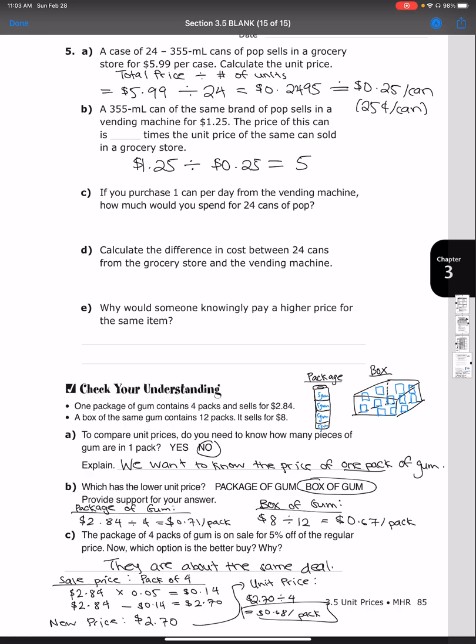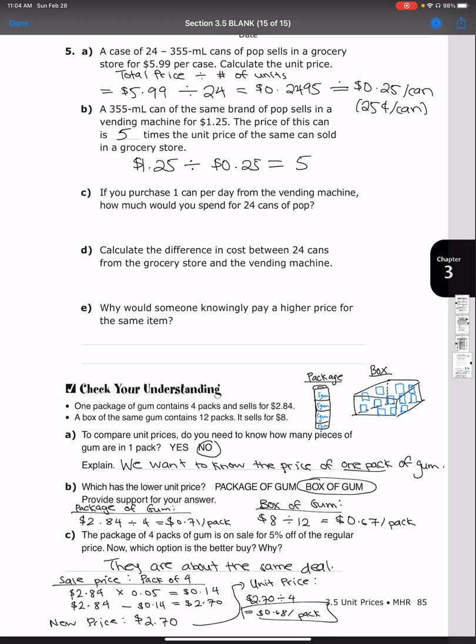So the price of this can is 5 times the unit price of the same can that we bought in the grocery store. So obviously it's a little bit cheaper for you to buy a pack of 24 cans than it is for you to go to a vending machine and purchase a can of Coca-Cola. But as with all of these questions, there might be a reason why you choose to go to the vending machine and grab a can of Coca-Cola.